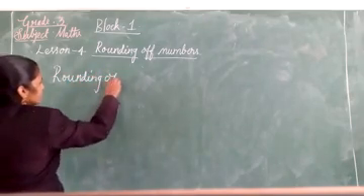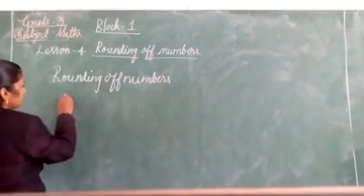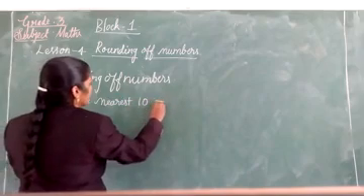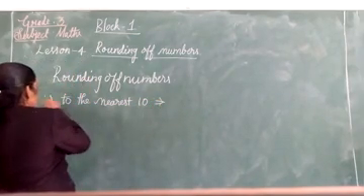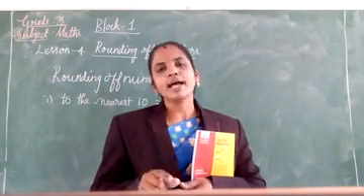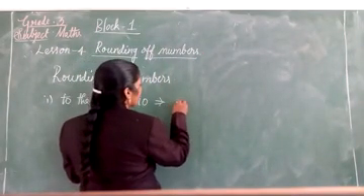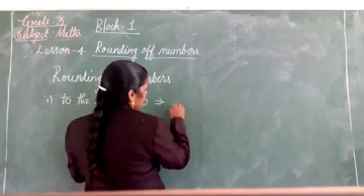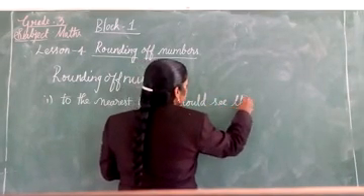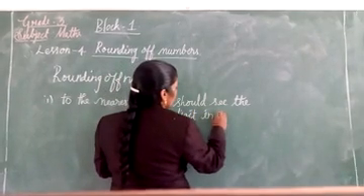Rounding of numbers to the nearest 10. First one, to the nearest 10 means we should see the digit at the ones place.